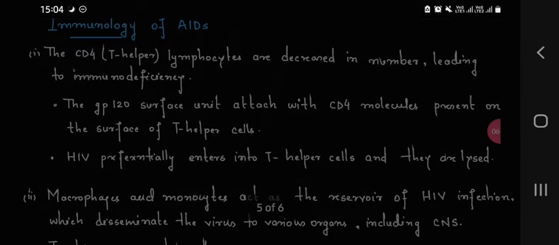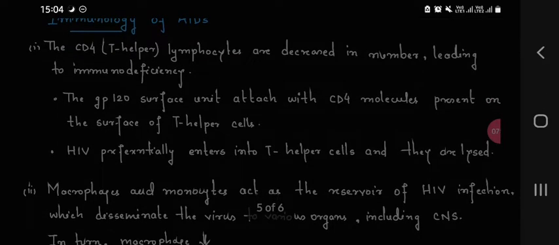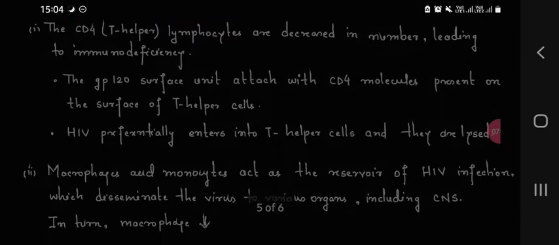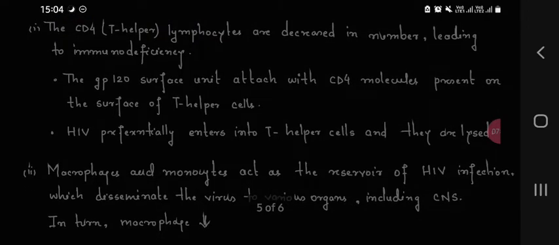Immunology of AIDS. The CD4 T helper lymphocytes are decreased in number, leading to immunodeficiency. The GP120 surface unit attaches to CD4 molecules present on the surface of T helper cells. The HIV preferentially enters T helper cells and they are lysed.